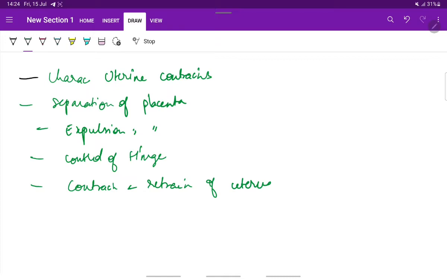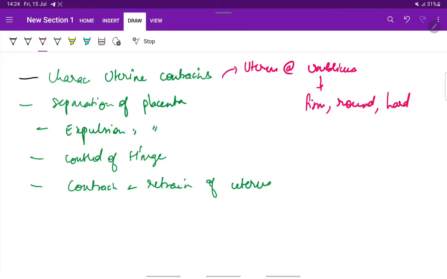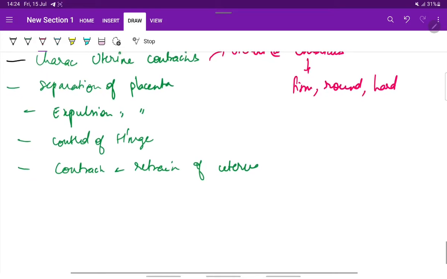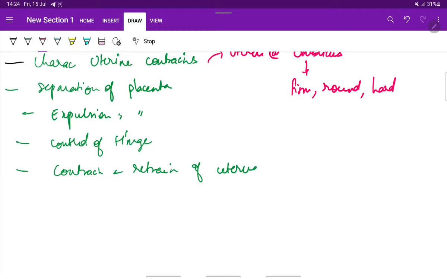So, the uterine contractions: after the delivery of the fetus, the uterus is found at the level of umbilicus and it will be firm, round and hard, and there will be rhythmic uterine contractions to arrest the bleeding.